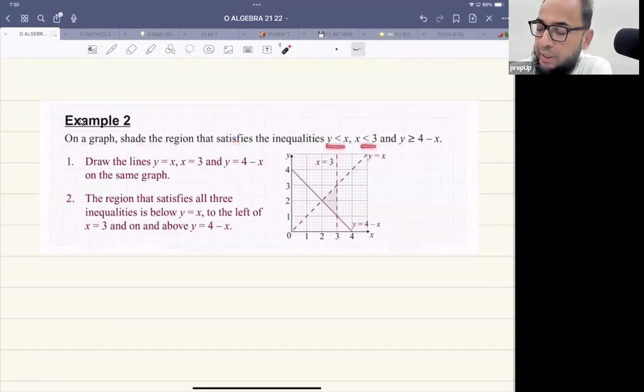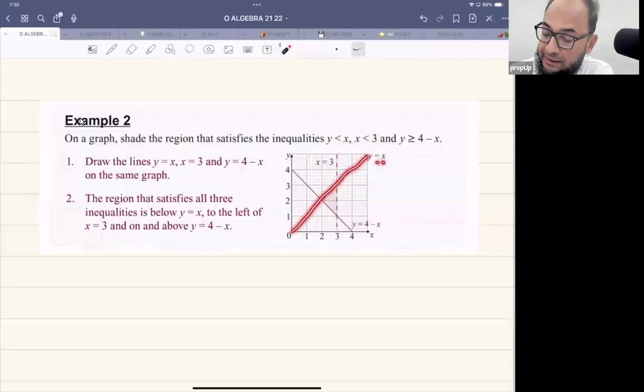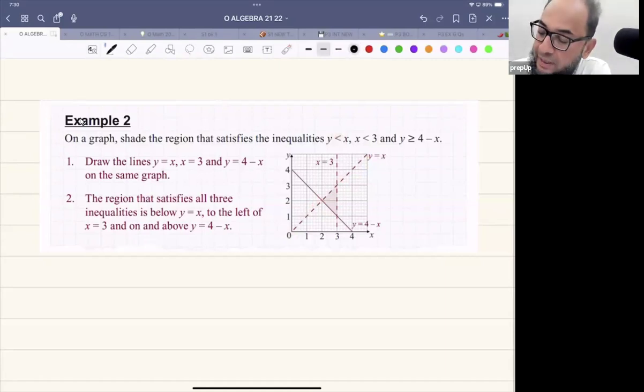How many inequalities are there? 3. So now y is less than x. Therefore, draw the line y equals x. And it's less. So this is below the line. This is dotted. And below needs to be shaded.